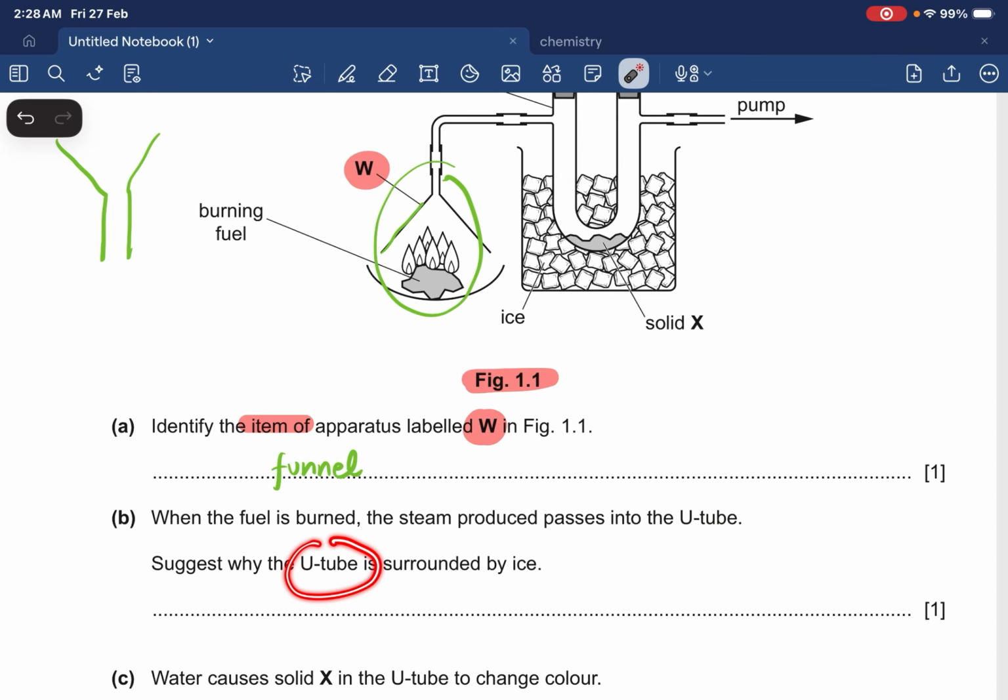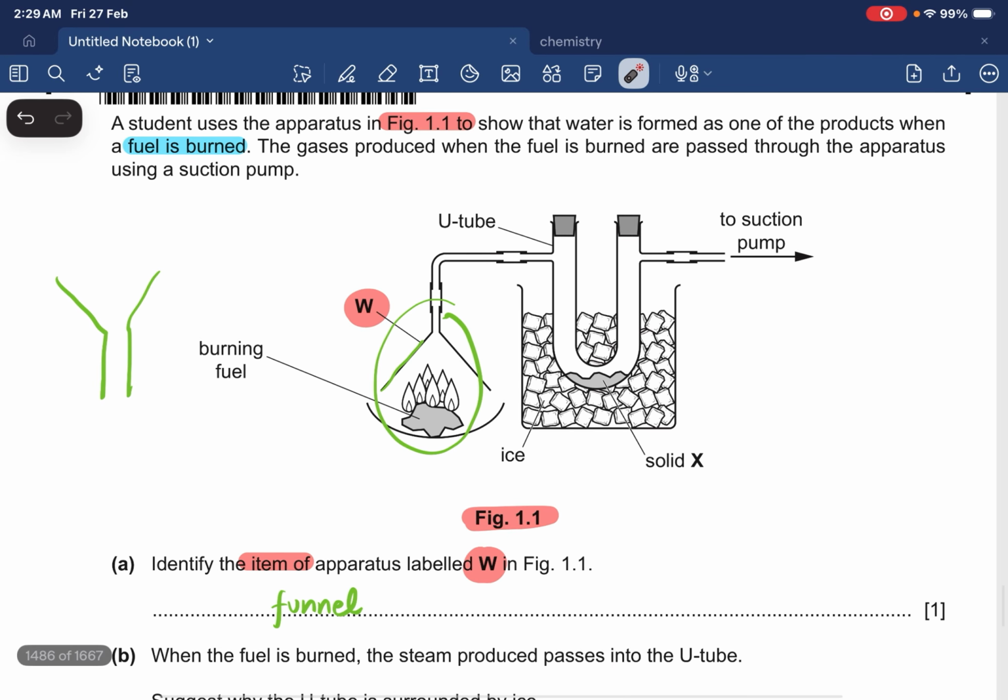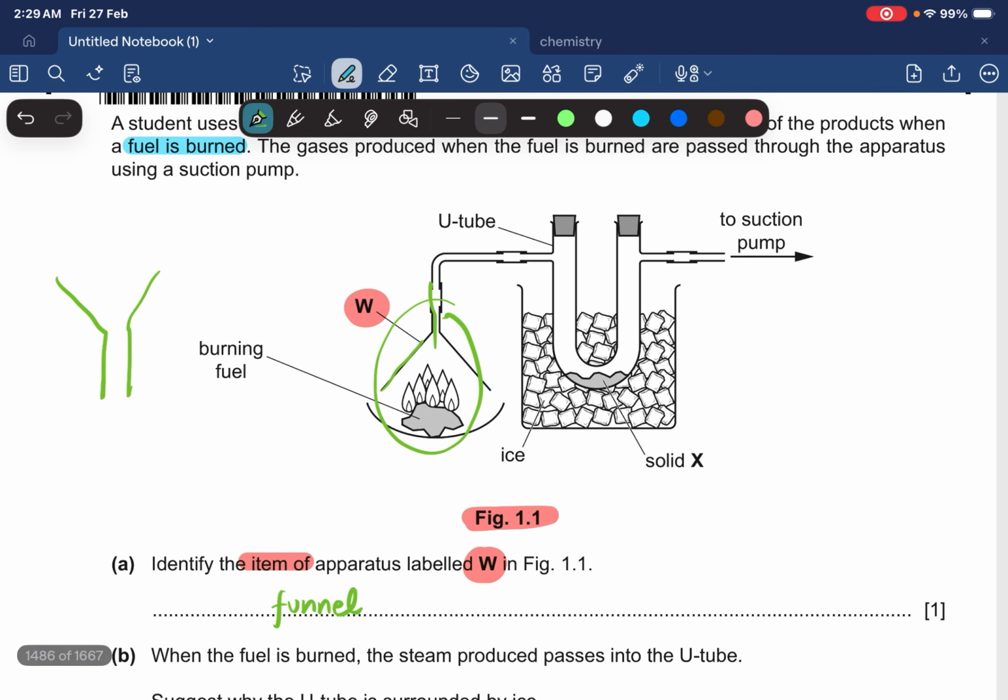Suggest why the U-tube is surrounded by ice. So look, what we're doing is we are taking steam into this tube. So basically we have this surrounded by ice. Now why do we need ice? We need ice to cool things down. Do you guys remember? We use ice to cool things down. So we're cooling steam over here.